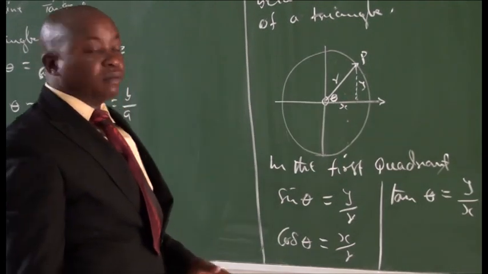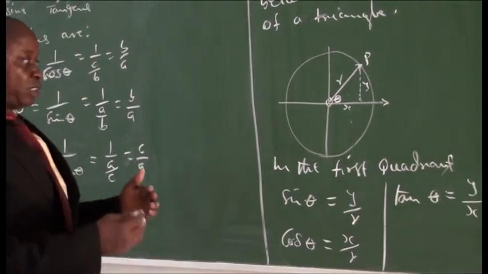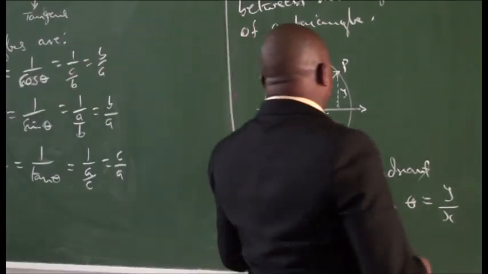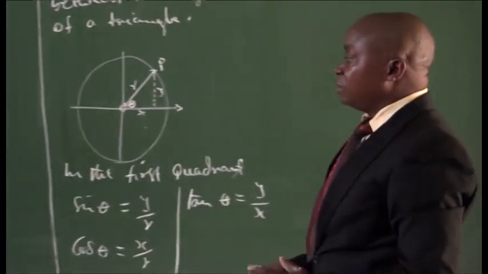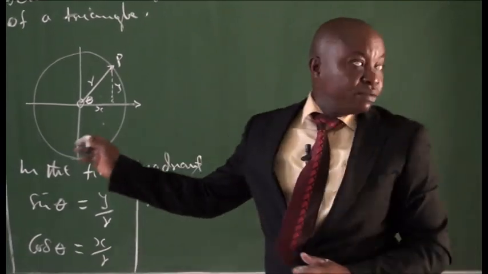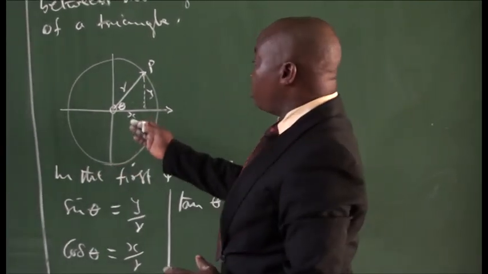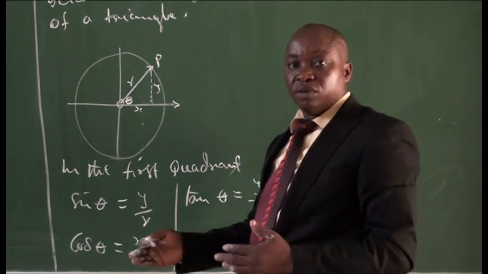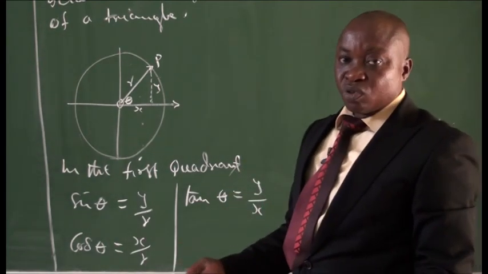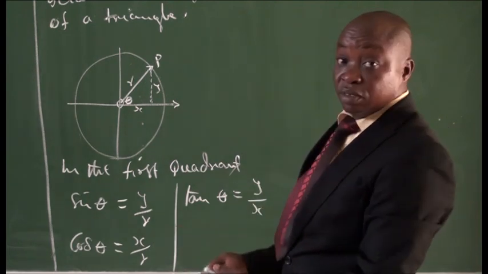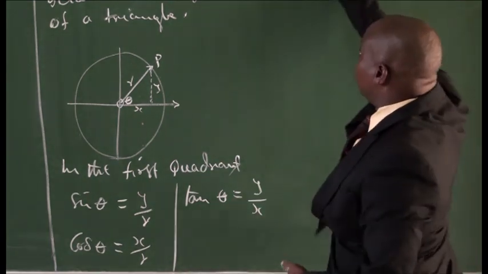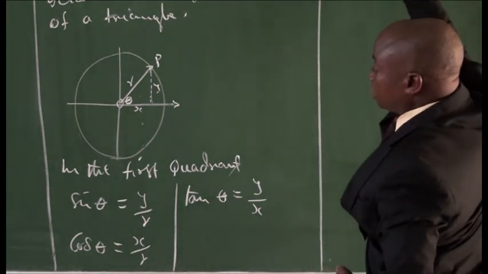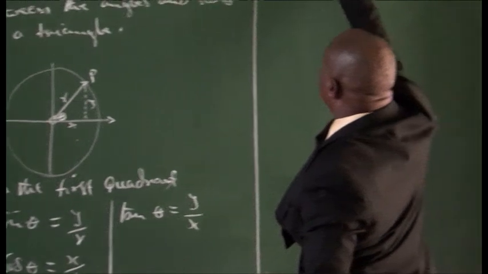Now, let us move to the second quadrant, because the first quadrant can only define acute angle. What we mean by acute angle is an angle between 0 and 90 degrees. So we want to extend the definition to other angles. That will take us to the second quadrant. This is the first quadrant. So the second quadrant.